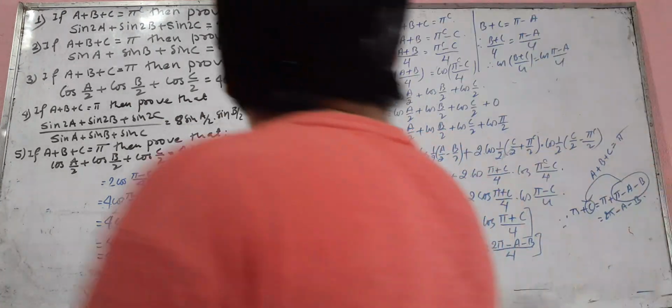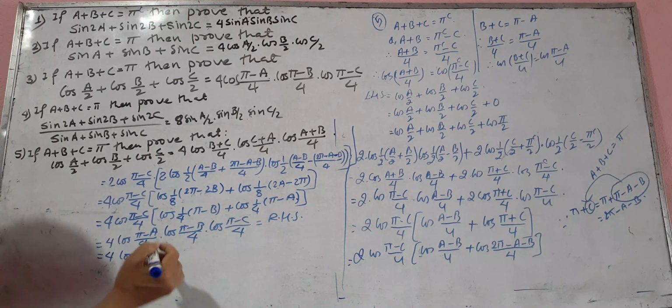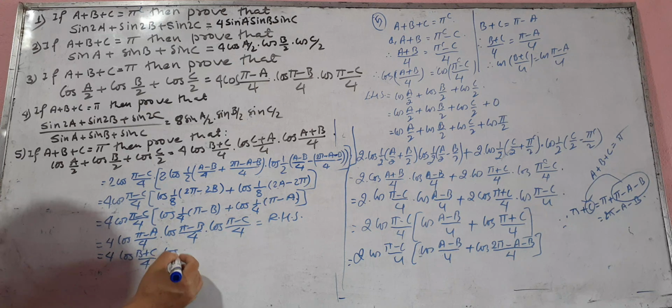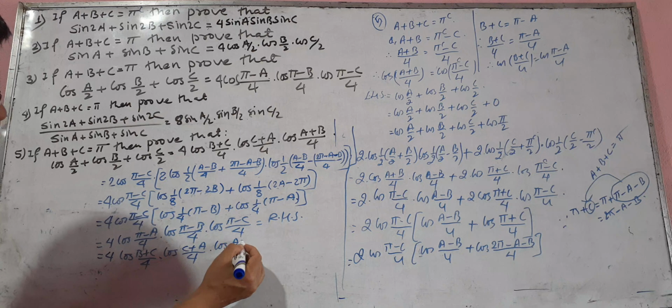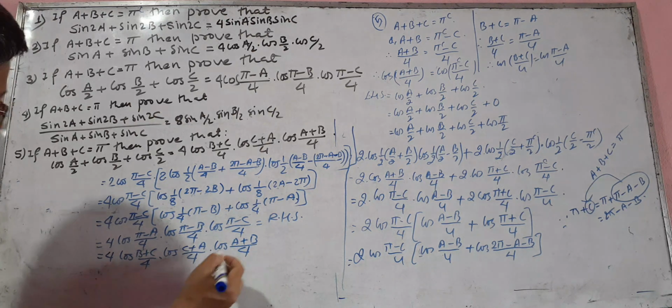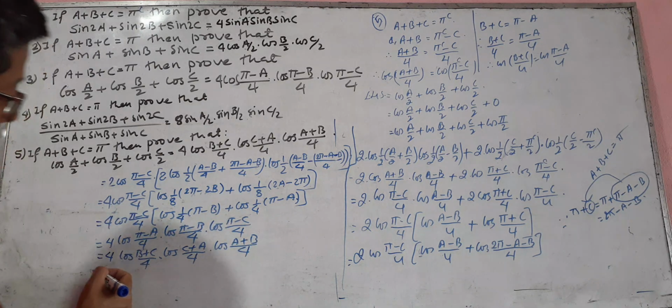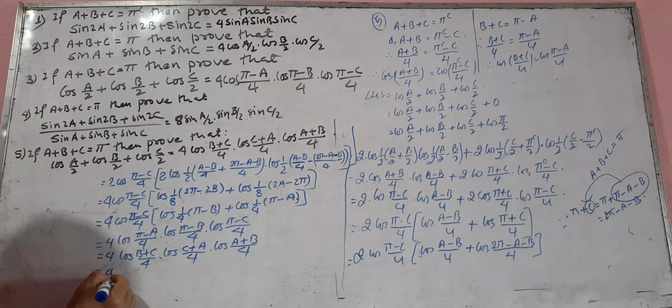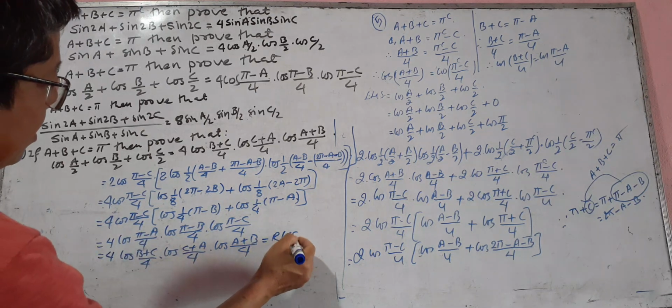So you can write here cos (pi minus a)/4 is equal to cos (b plus c)/4. Similarly, cos (pi minus b)/4 is equal to cos (c plus a)/4. And cos (pi minus c)/4 is cos (a plus b)/4. This is the right side; arranging in the order, you can see that for cos, same order. Yes, correct. This is the right hand side proved.